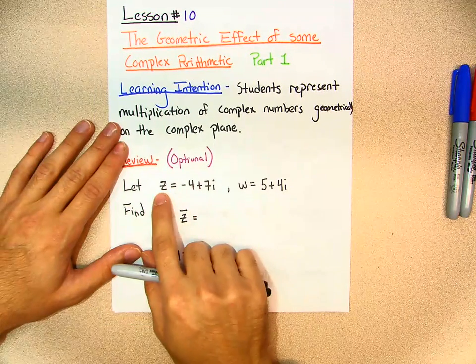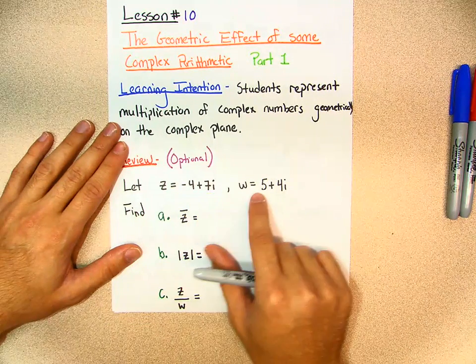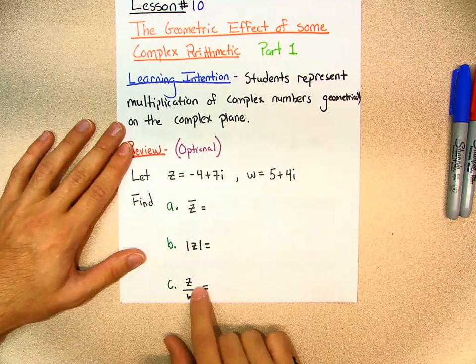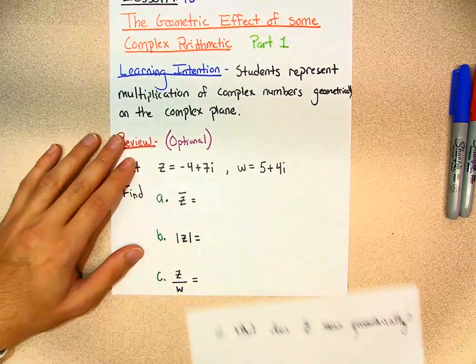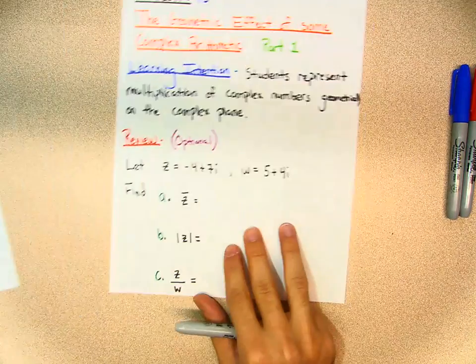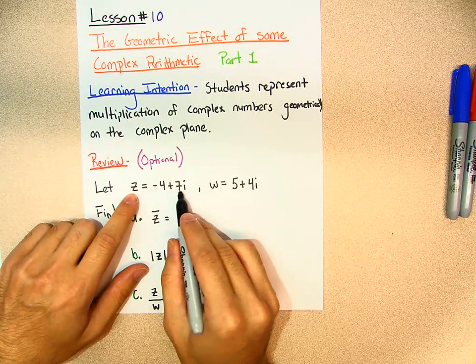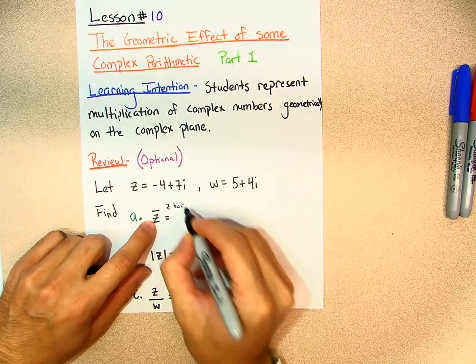So here, let z equal negative 4 plus 7i, and w equal 5 plus 4i. Calculate these three, okay? And if you're looking at these symbols and thinking, oh boy, what is going on? Well, if z is equal to negative 4 plus 7i, this z bar, what does it do?